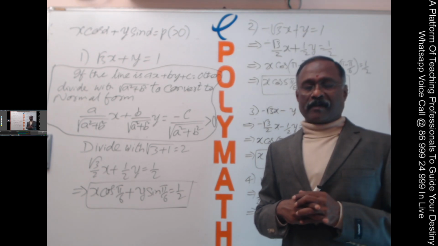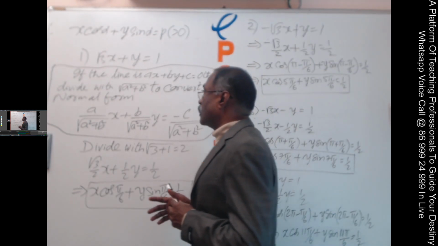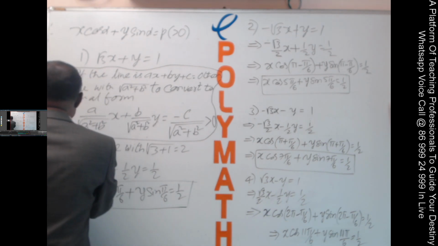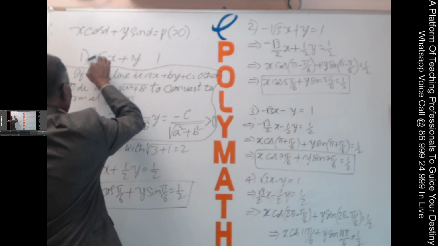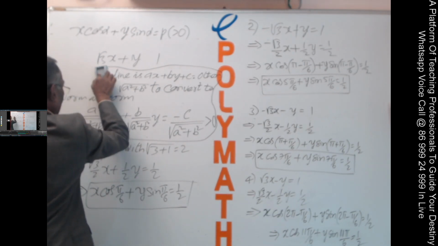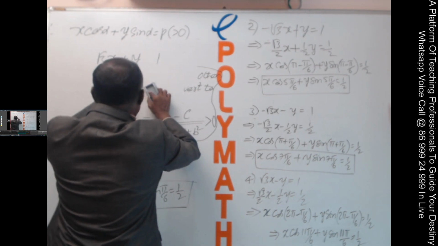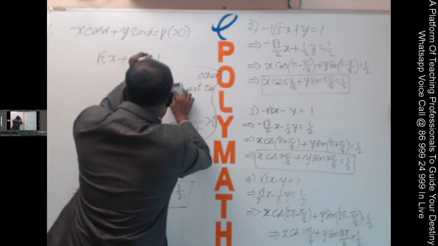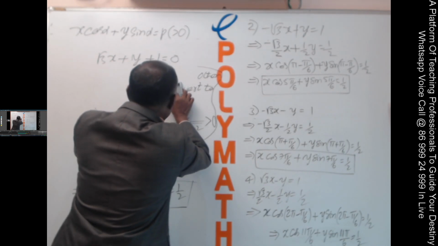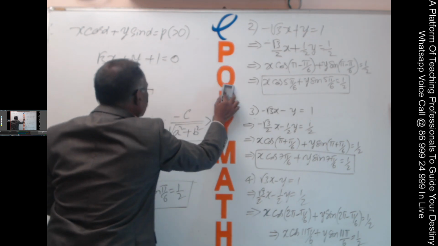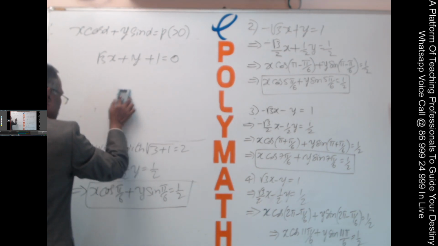But one more important point is to be remembered here. I am changing this line like this: root 3x plus y plus 1 equal to 0.